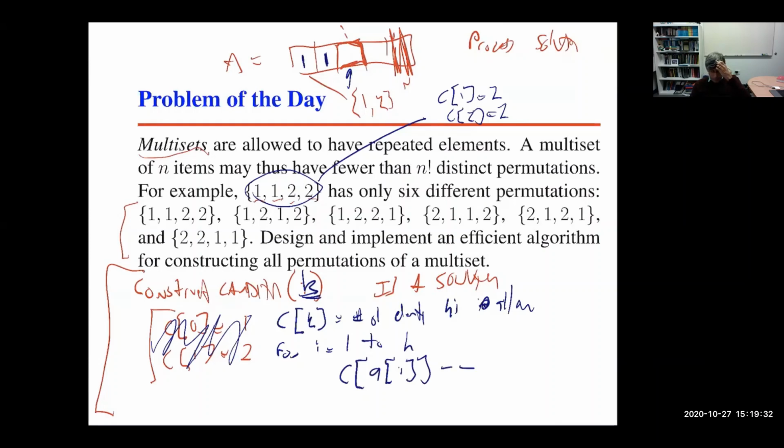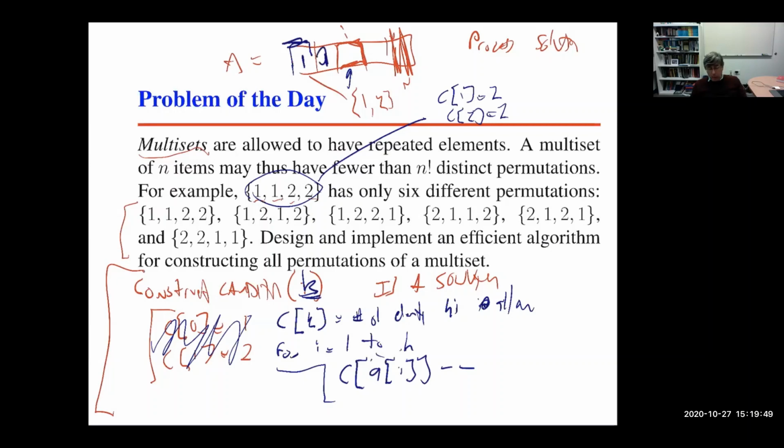What is this saying? If I read my C properly, I'm going to go through my vector here, and if I see a 1, I'm going to decrement the remaining number of 1s by 1.